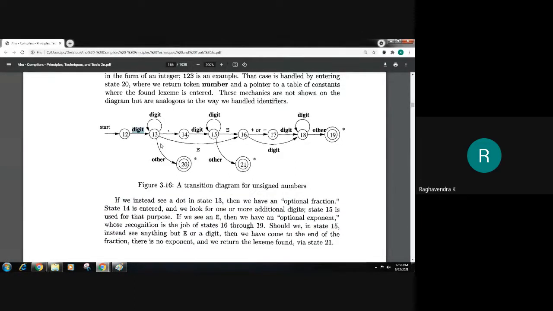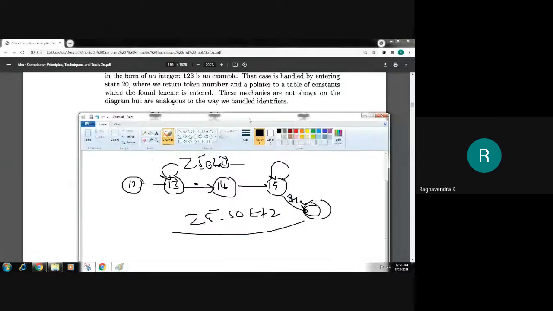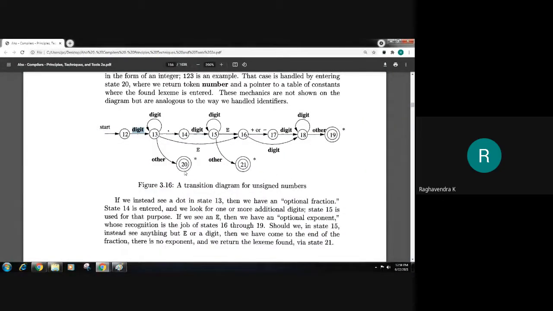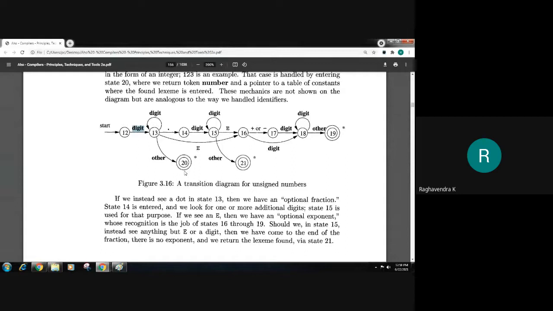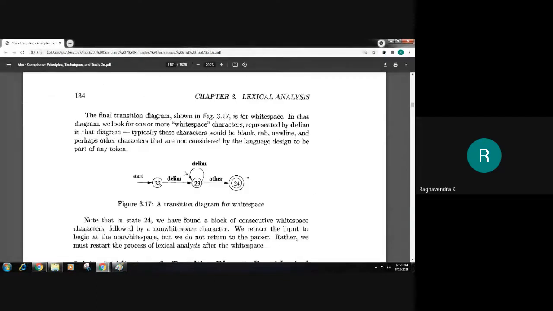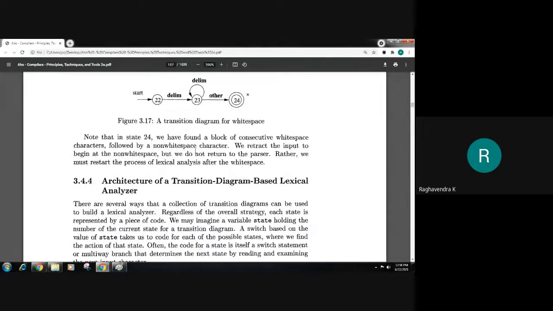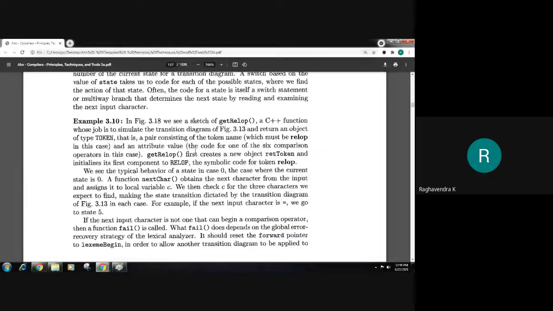So you generate transition diagrams like this, either by hand or using some tool to generate the transition diagrams. Once these transition diagrams are complete, you have a layout using which we can generate a program for the same. Now, there is another transition diagram for white space, which you can look into, but that's not the problem here.